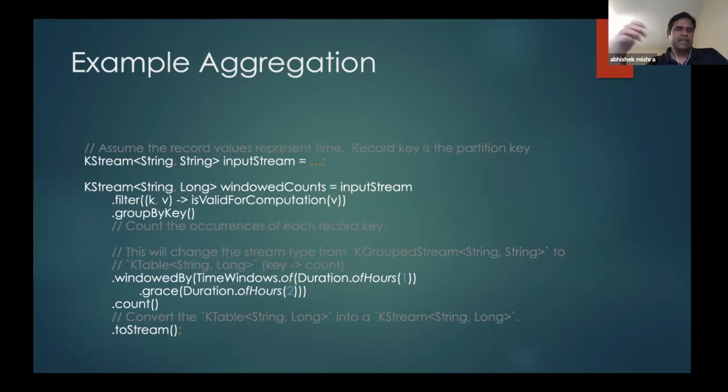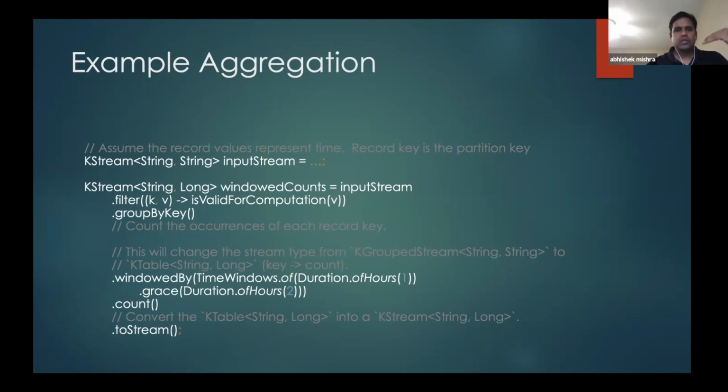So group by key is a way for you to group messages in a topic by whatever key is there in that message. And on top of that, you can apply windowing. So for example, if you want to count, for a given application ID or whatever key you choose, the number of events that I've received, and give me a count of events every hour.